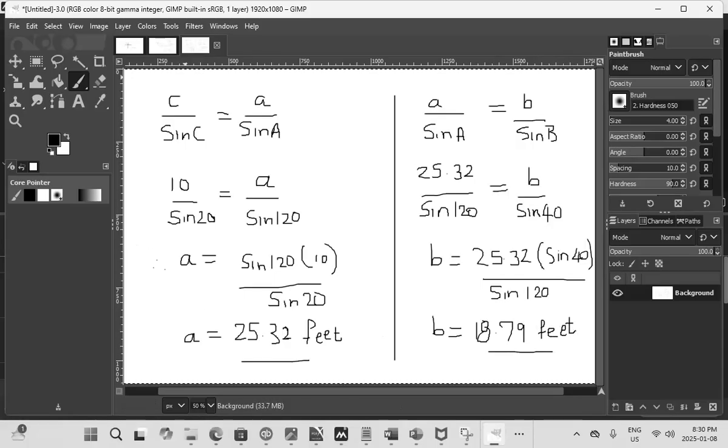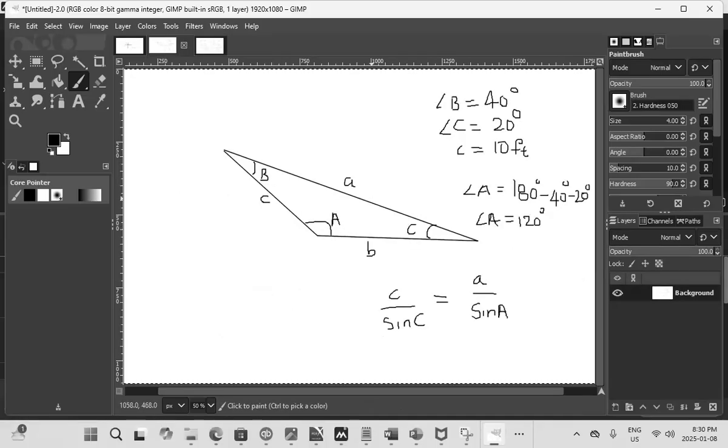Now we know all three sides as well as the three angles. Angle B is 40 degrees, angle A is 120 degrees, and angle C is 20 degrees.